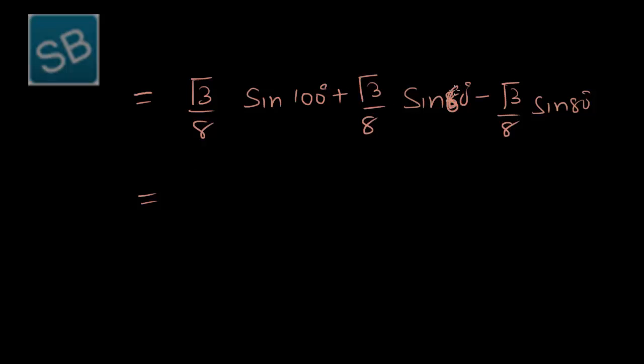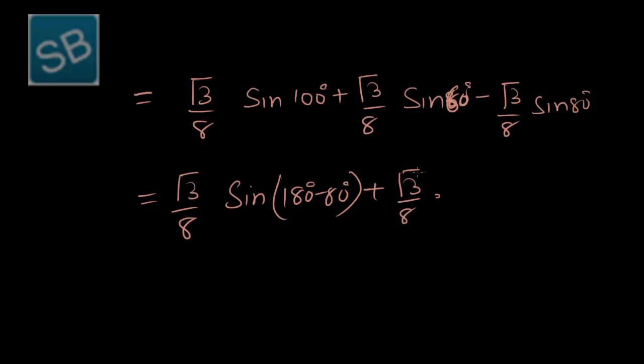sine 60 degree. So now root 3 over 8 sine 100 degree can be written as what? 180 minus 80 degree. So root 3 over 8, what is the value of sine 60? That is root 3 over 2, minus root 3 over 8 into sine 80 degree.